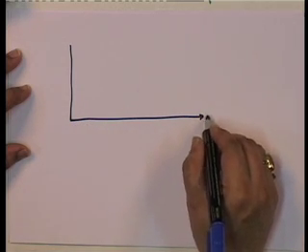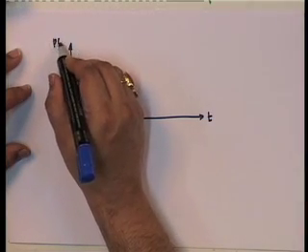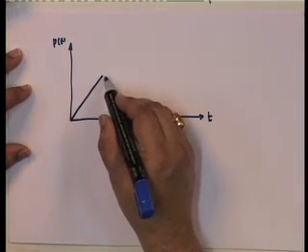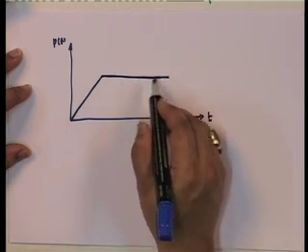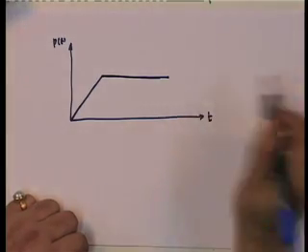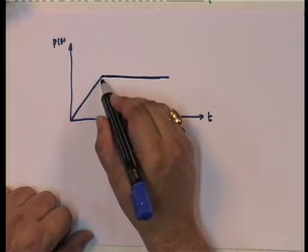This is t, this is P of t, and it continues like this. Does it continue like this? Well, actually it does not, but it does not matter now. Let us assume that it continues.